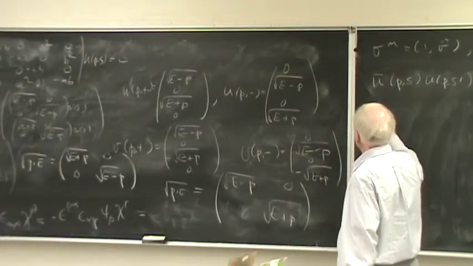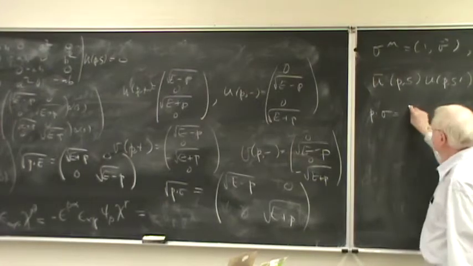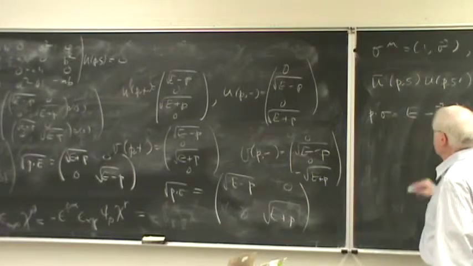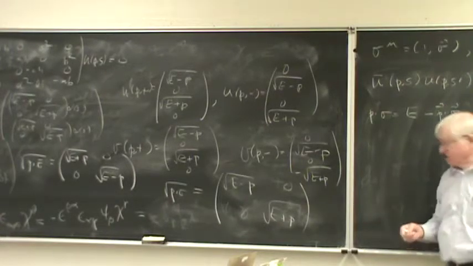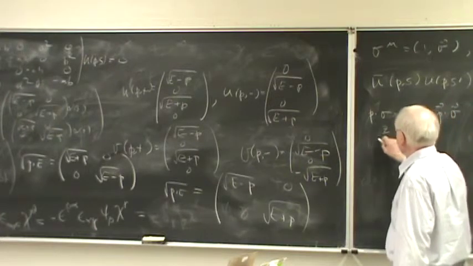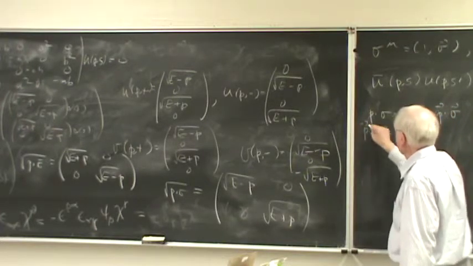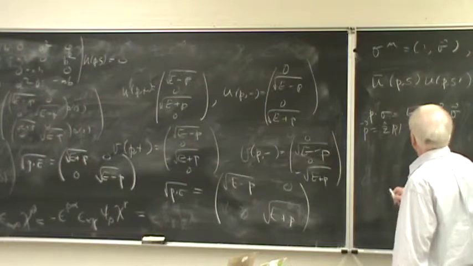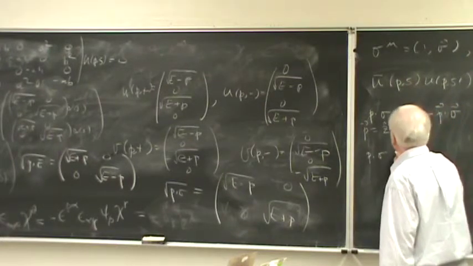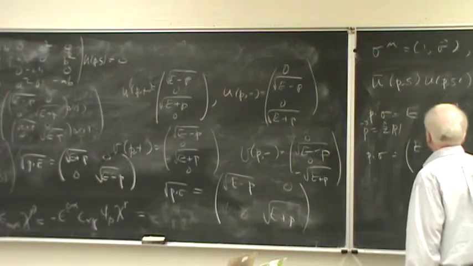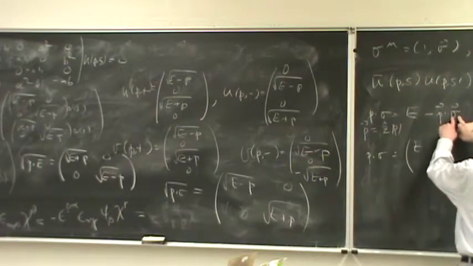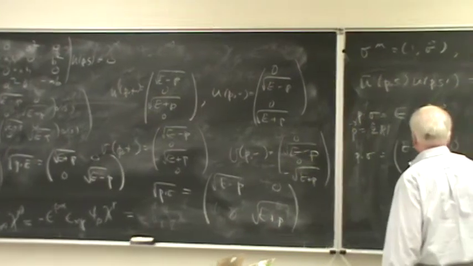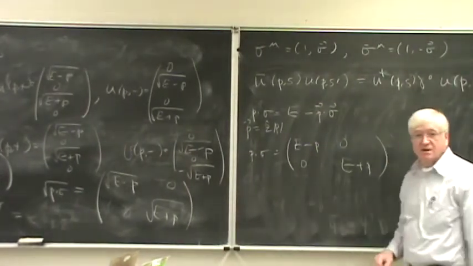Then, first of all, P dot sigma here is E minus P dot spatial sigma, but now we're in the z direction, and so P is equal to z hat times P, the length of P. And so in that case, P dot sigma is E, and then sigma is only sigma 3 because P is in the z direction, so this is E minus P, 0, 0, E plus P, okay?